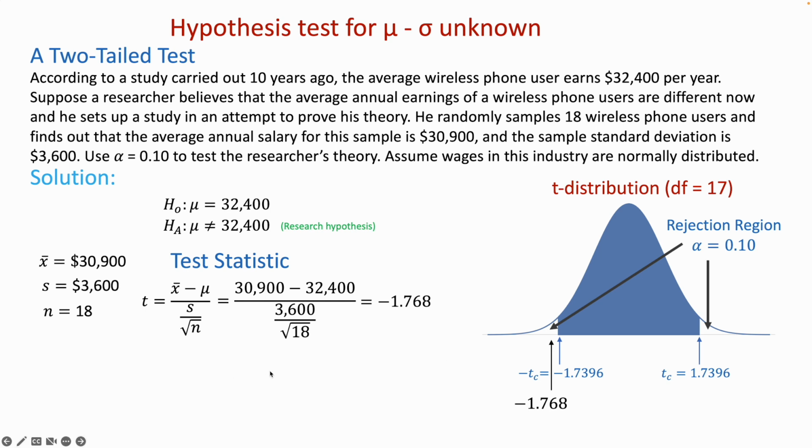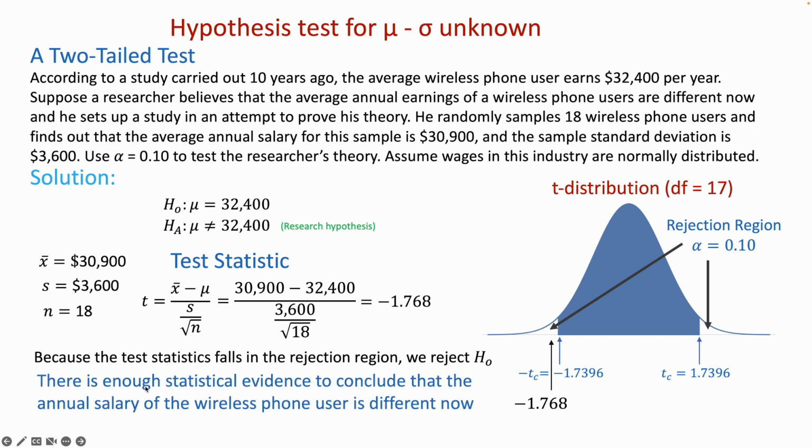Because the test statistic falls in the rejection region, we reject the null hypothesis. And if we reject the null hypothesis, we are accepting the alternative, the research hypothesis. So we can conclude that there is enough statistical evidence that the annual salary of wireless phone users is different now. It's different than this 32,400.